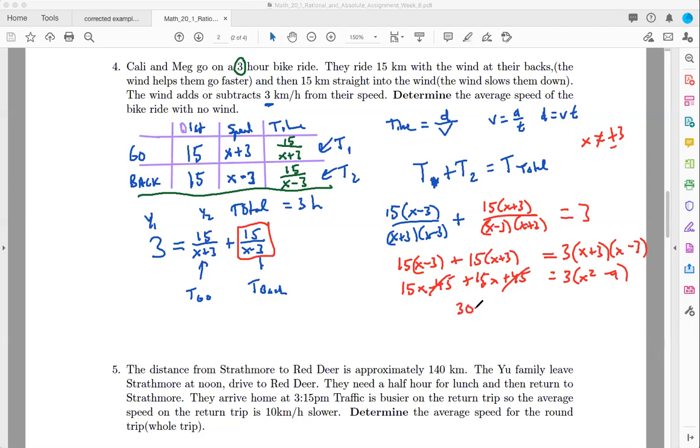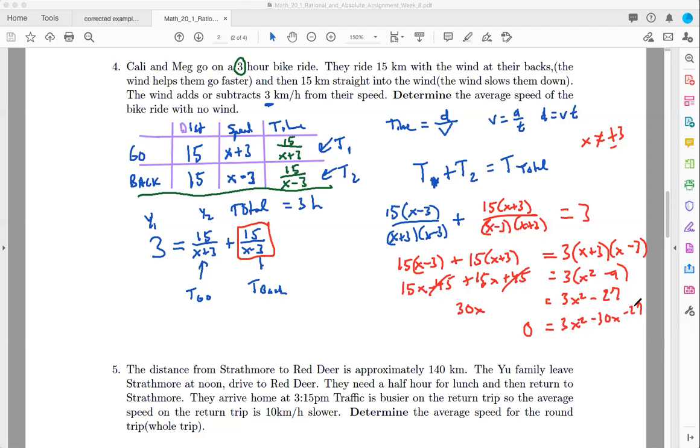So you have 30x is equal to 3x squared minus 27. And now if we set everything to equal 0, we have 0 is equal to 3x squared minus 30x minus 27.